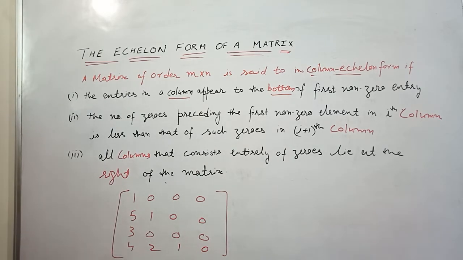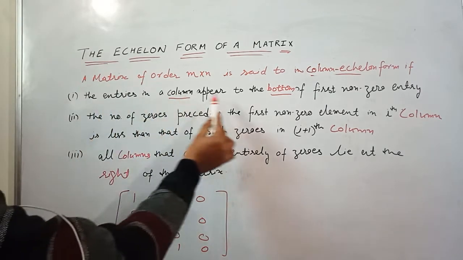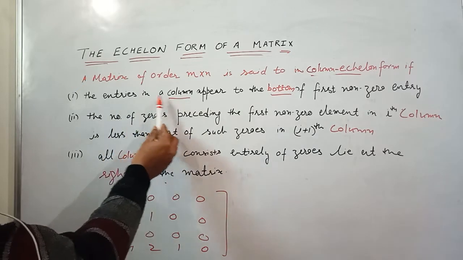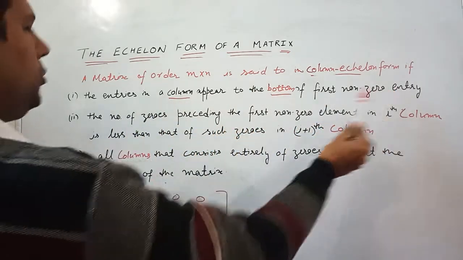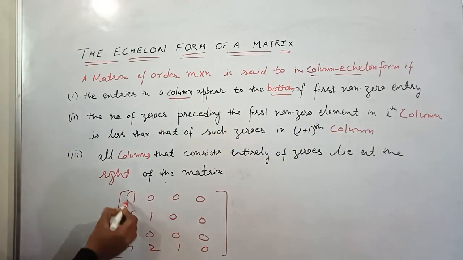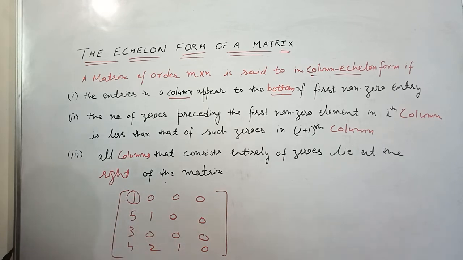Okay. So first point is the entries in a column appear below the first non-zero entry. So this is the first non-zero entry, so the entries lie below it. Okay. First non-zero entry in this column, entries are below this.